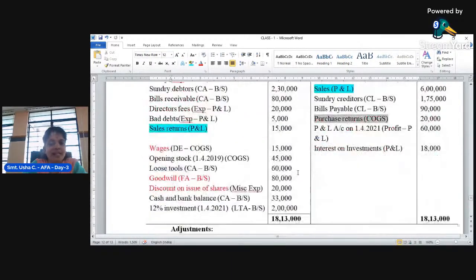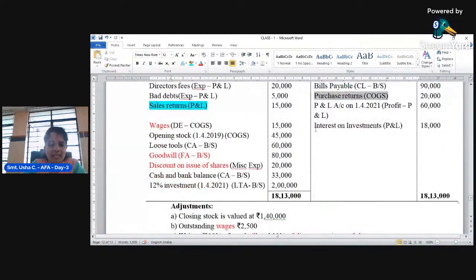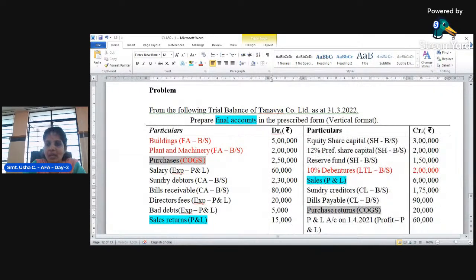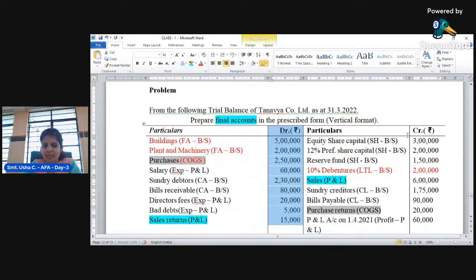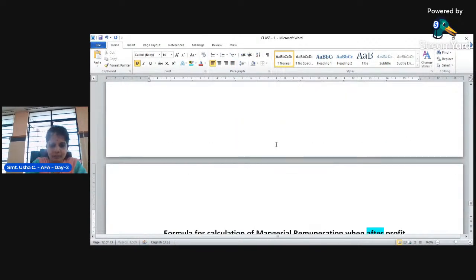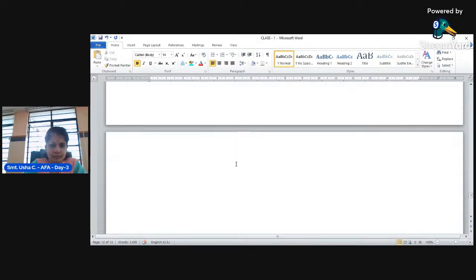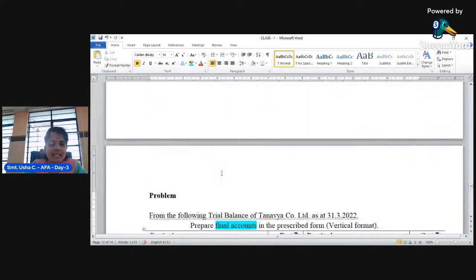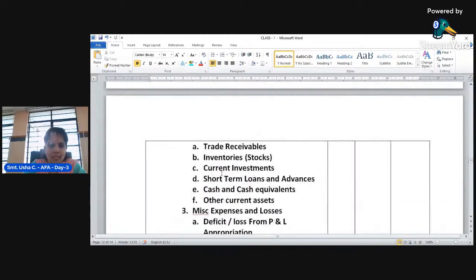We have understood where these items come and where we have to take these items. Okay. Now we'll quickly move to the format. I'll just copy the format because of the time constraint so that we can complete it early. I'll take the format of both profit and loss as well as the balance sheet.